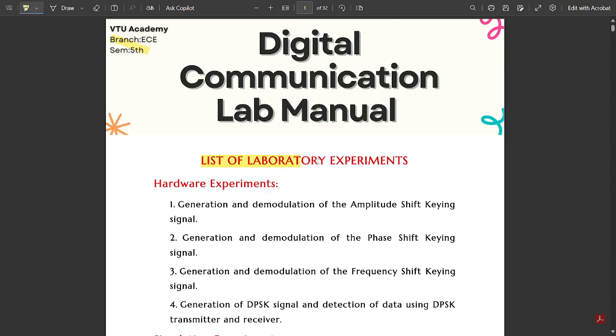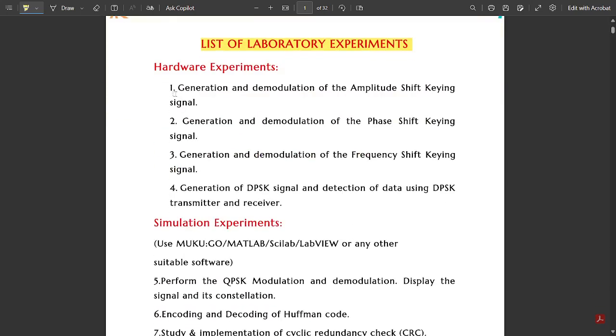Okay, so these are the list of laboratory experiments. As you can see, the hardware experiments are generation and demodulation of amplitude shift keying signal, ASK signal, generation and demodulation of phase shift keying signal, generation and demodulation of frequency shift keying signal, generation of DPSK signal and detection of data using DPSK transmitter and receiver.